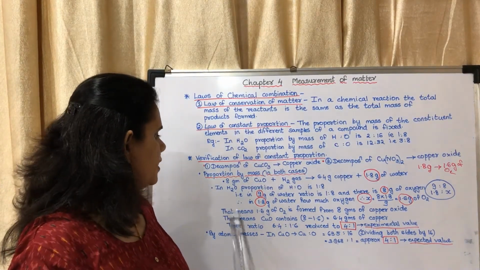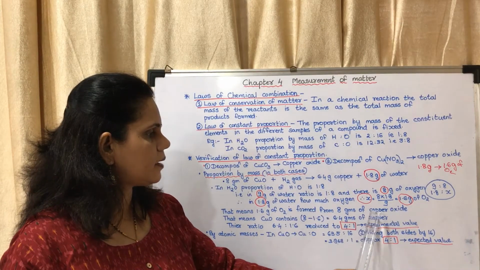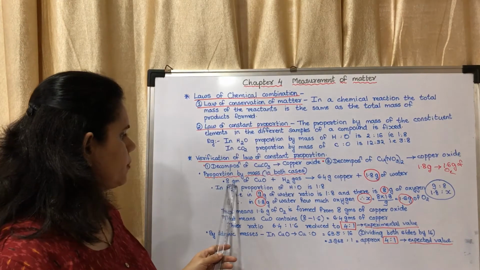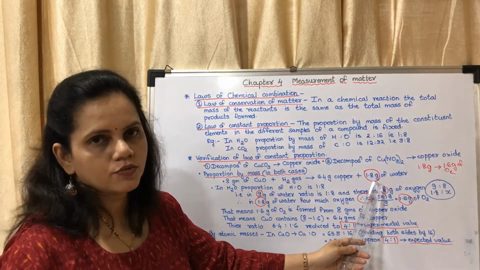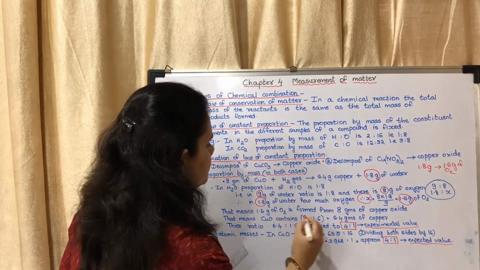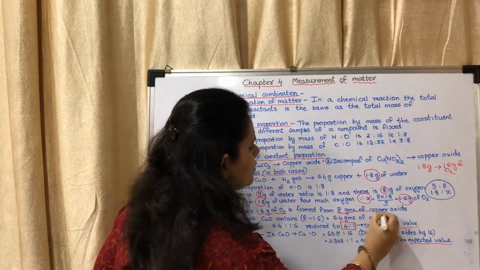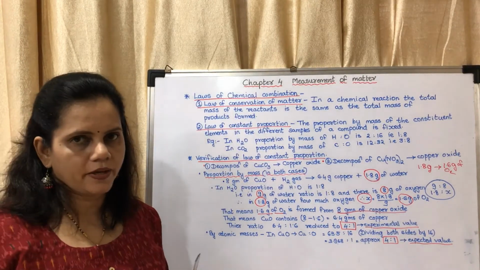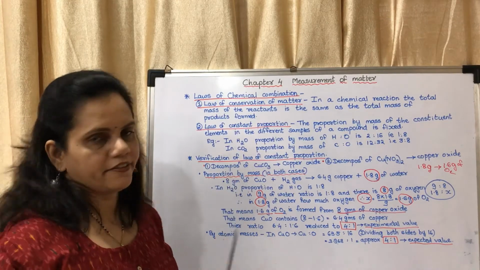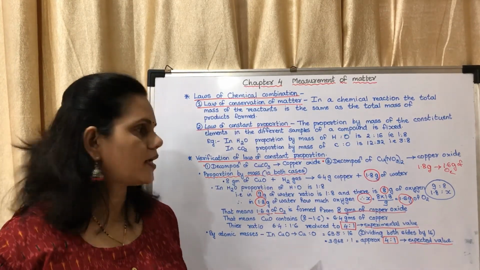So that means 1.6 gram of oxygen is formed from 8 grams of copper oxide. What is left? Copper is left. How many grams of copper? It will be 6.4 grams of copper.